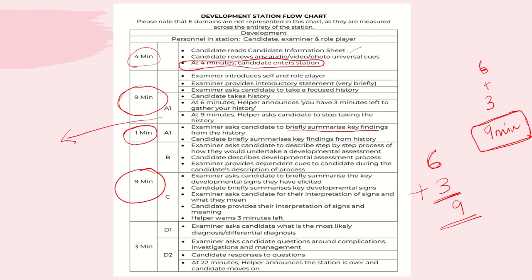Next, after completing the developmental assessment, 3 minutes will be left for the discussion with the examiner. You need to summarize the case and also give the differential diagnosis and most likely diagnosis. Questions will be asked about the investigations and management. At the end of 22 minutes, the helper will announce that the station is over and the candidate will move on to the next station.